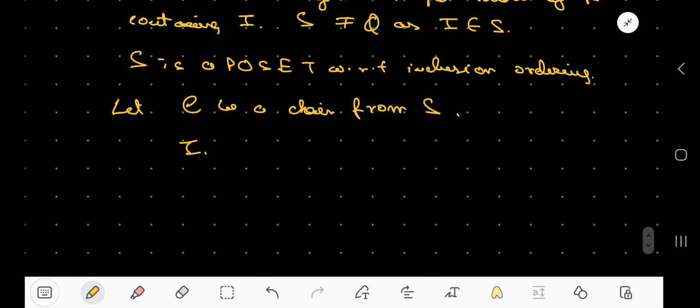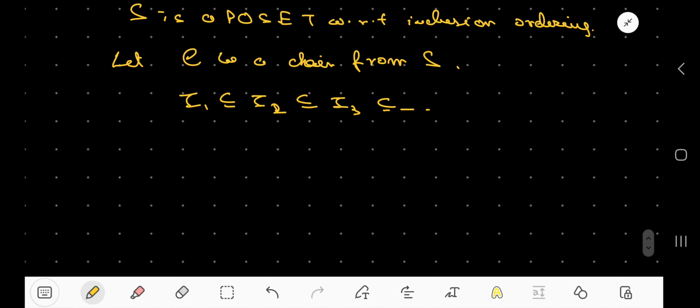It is of this form: I choose ideals I1, I2, and so on, such that each is contained in the next. If I talk about a chain in this form, what should be the natural upper bound? It's the union of these elements. So let J be the union of all the ideals A where A is contained in this chain.